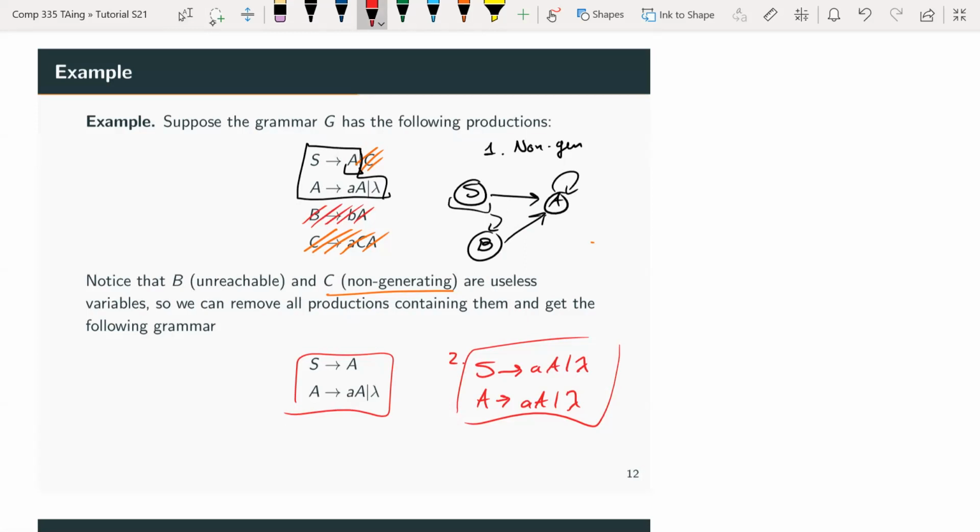You clearly don't need to do S gives you AA and then go to A. Because here the language is clearly A star, right? So then you could just say, oh, it's just S gives you AS or lambda. That's fine, yes. But if we want to be strictly simplification, then this should be your final answer.